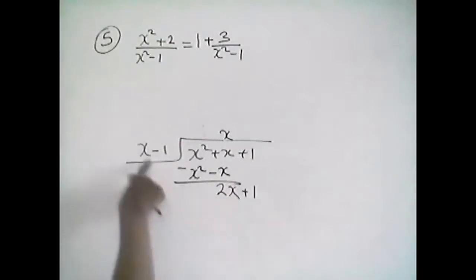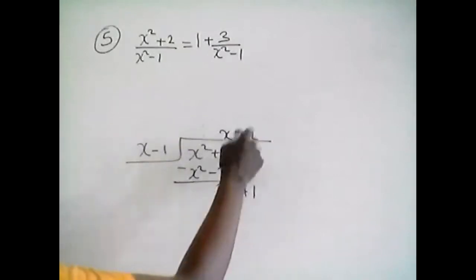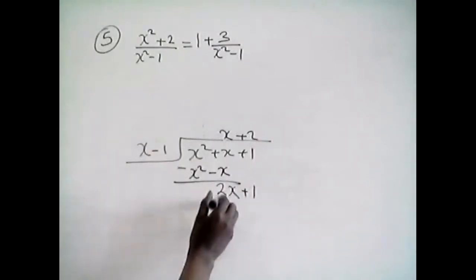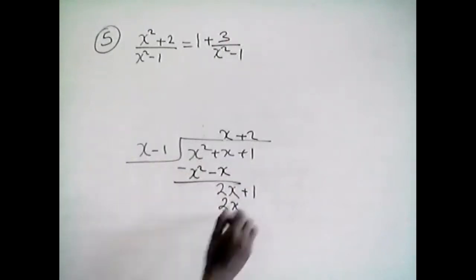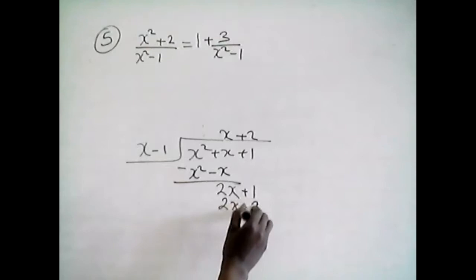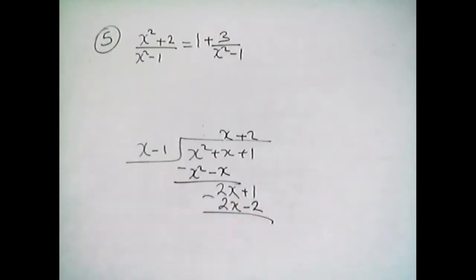Then 2x divided by x, it will give us a 2. Then plus 2. 2 multiplied by x is 2x. 2 multiplied by negative x is negative 2. Minus this minus this, it's a 0. 1 minus minus 2, this is going to be positive, so it is 1 plus 2, which is 3.